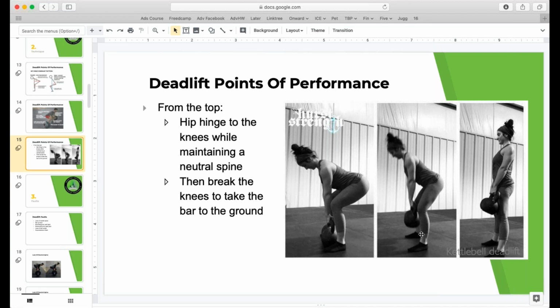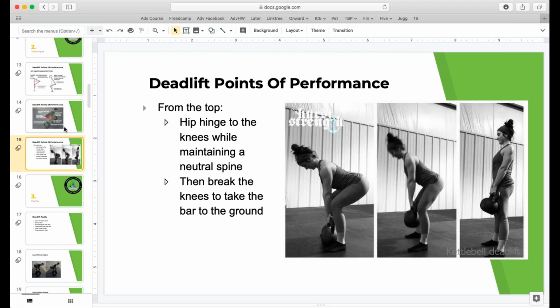That torso angle will be a little bit different like you see there in the picture, but we're maintaining a very similar torso angle. So again, we start tall, we hinge forward until the hands are at about knee level. So I'd actually go a little bit deeper than this individual is here in this middle picture. And then we flex the knees enough that we get the bar down to the ground and the kettlebell down to the ground. So that top-down approach makes it really, really simple to teach the deadlift.